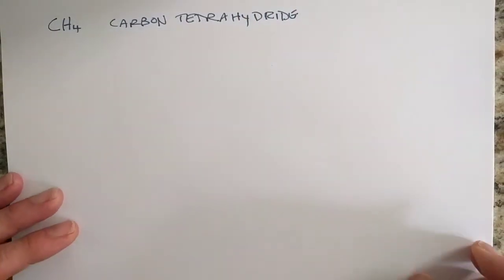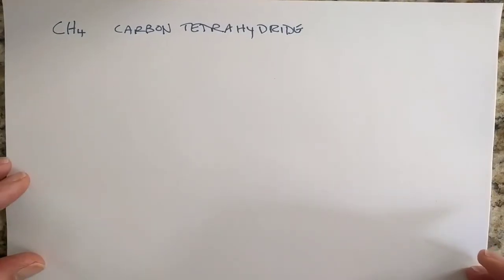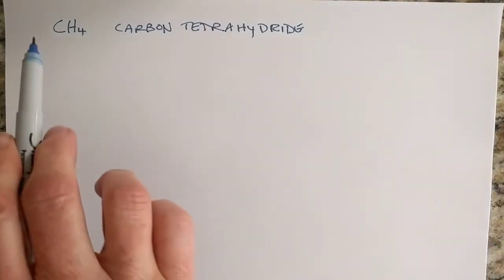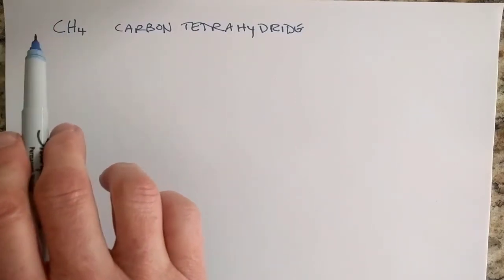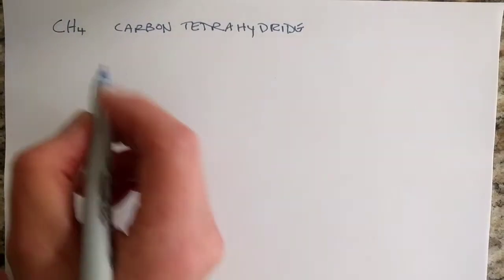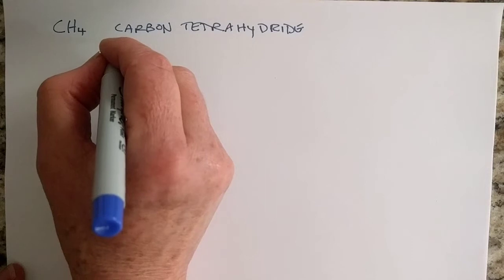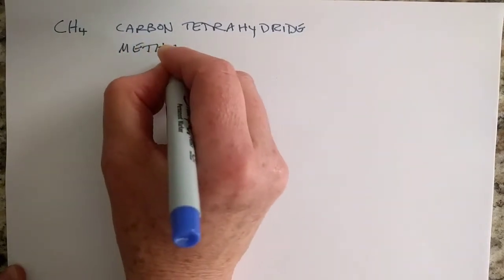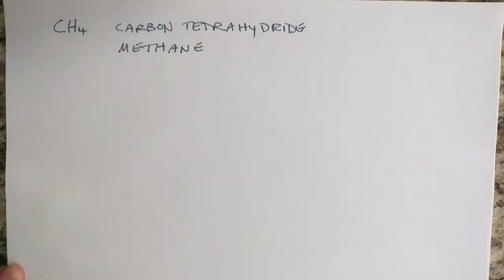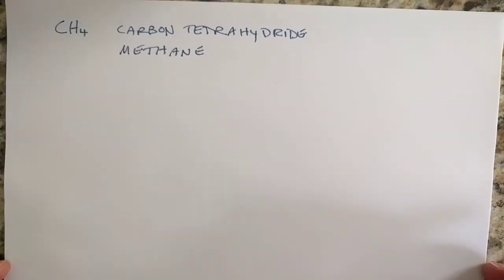That would be the way to do it with the prefix system. However, this is our Bunsen burner gas. And I've mentioned our Bunsen burner gas a lot. We've done chemical equations with our Bunsen burner gas, and I've never said carbon tetrahydride. When I talk about our Bunsen burner gas, I always refer to it as methane. Methane gas is our Bunsen burner gas.